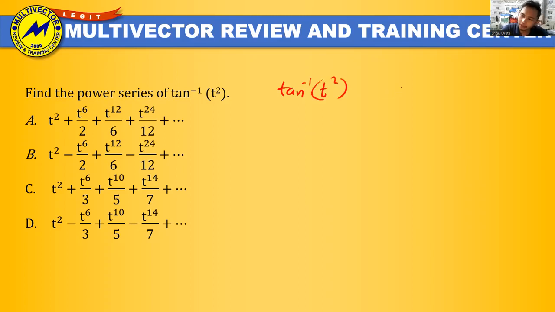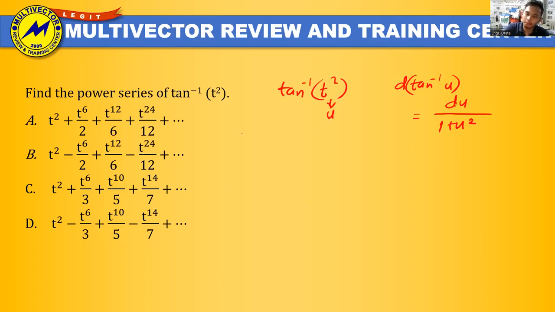The first derivative of arctangent u is just equal to du all over 1 plus u squared. So here, we let t squared be my u.